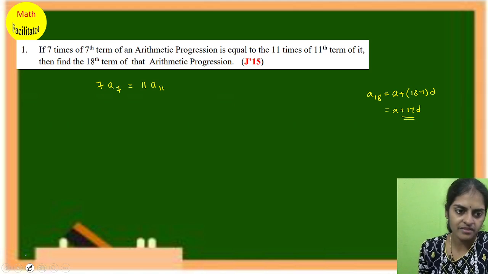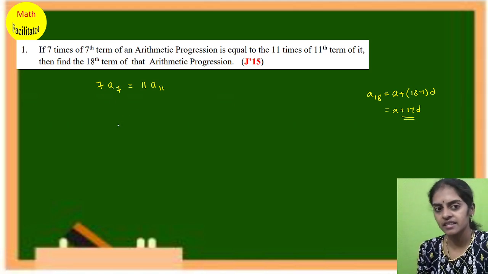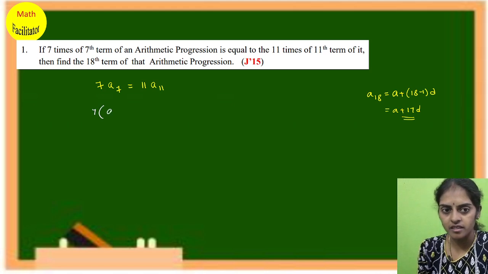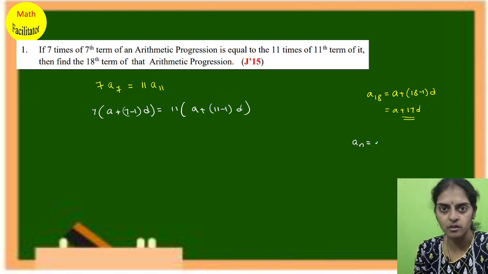Always first read the question and write the condition given to you. The condition here is 7 times the 7th term equals 11 times the 11th term. So 7 times (a plus 7 minus 1 into d) is equal to 11 times (a plus 11 minus 1 into d). How did I write this formula? Because I know an is equal to a plus n minus 1 into d.